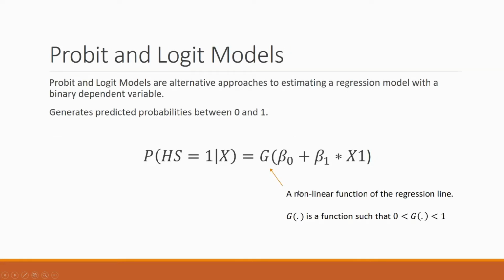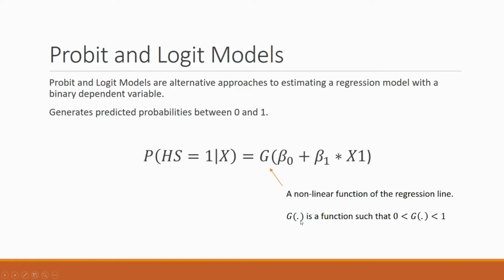For the Probit and Logit models, we're actually assuming something different. We are assuming that the probability that the dependent variable will equal 1 is equal to a non-linear function of the regression line. We have the same regression line here, but we're saying that the probability that the dependent variable equals 1 is equal to some nonlinear function of the regression line. So now it's not a straight line anymore.